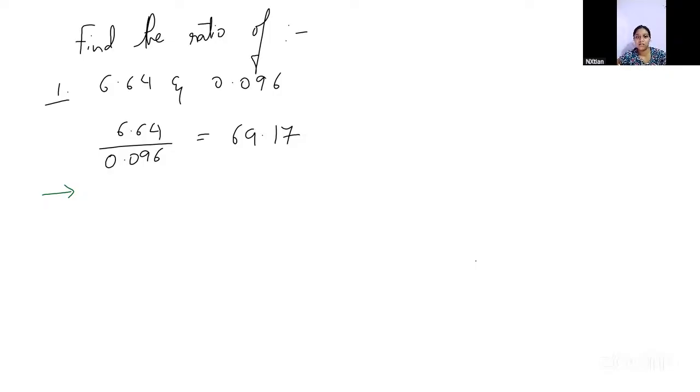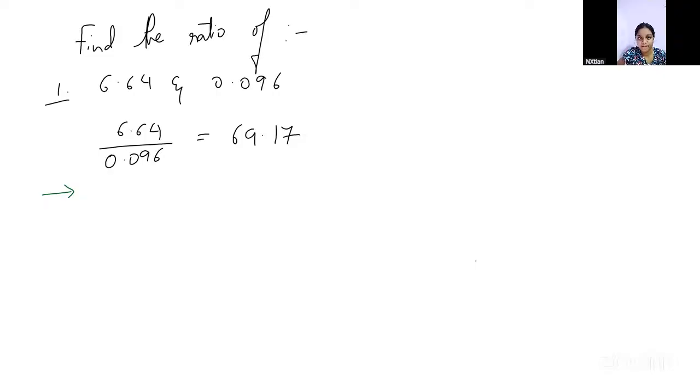Ma'am, the division will take almost forever because of the numbers. It's going to take time because we have very different numbers and all the decimals.